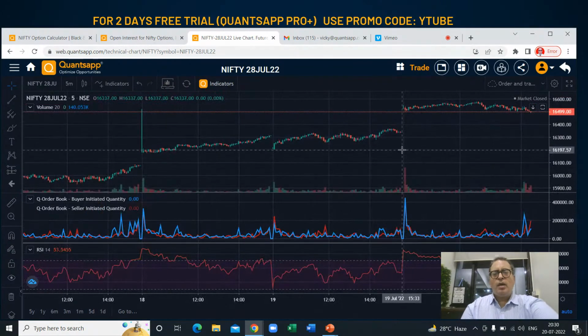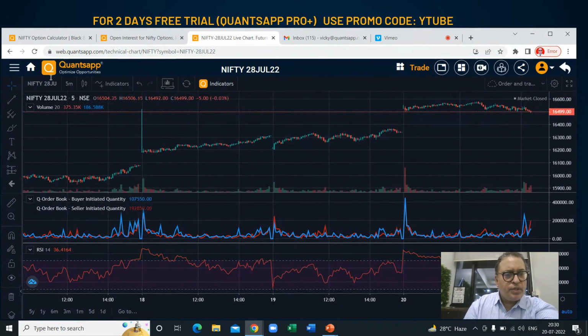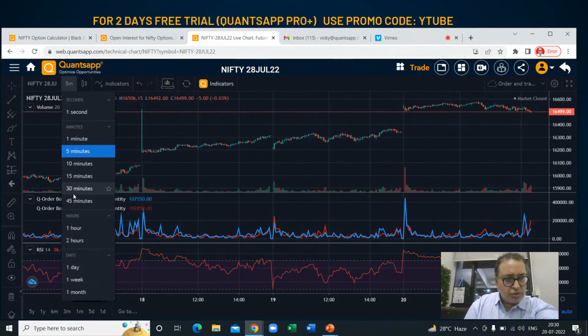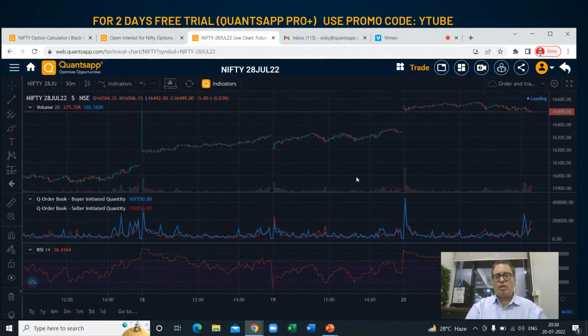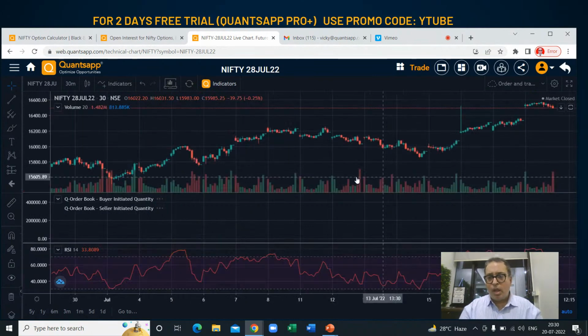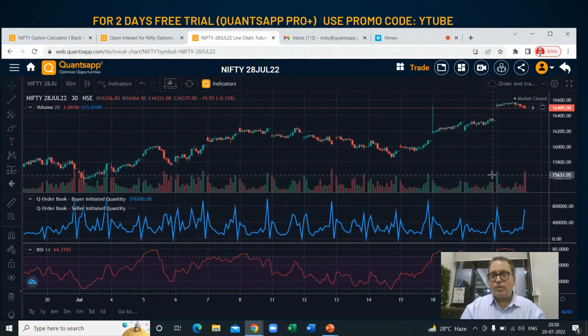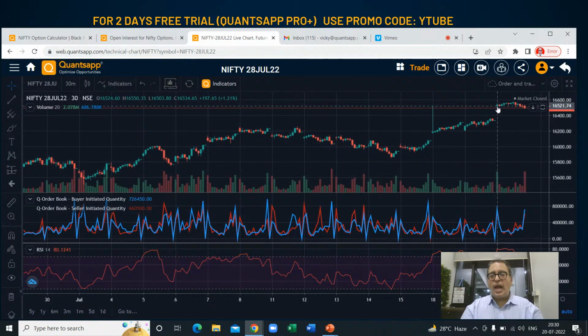Moving ahead, what you could do is change the time scale to about 30 minutes, and you could observe the data. If the first two candles and their range is large tomorrow with a gap down opening or a gap up opening, that range can be mapped on, and that should be a sizable range.